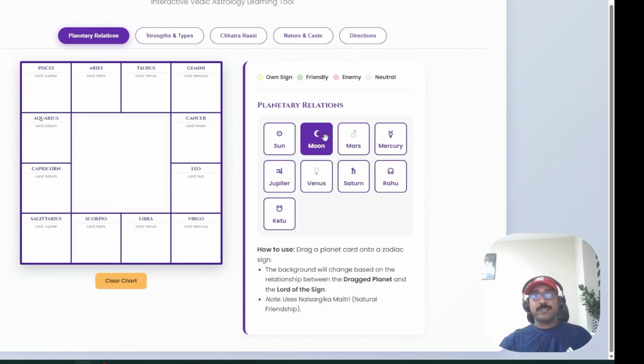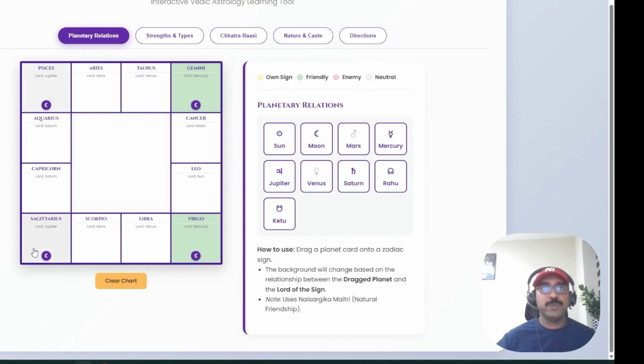Now, let's consider Moon. For Moon, the friends are Jupiter and Mercury. So that means Pisces is a friend, Sagittarius is a friend, and Gemini is a friend. Also, Virgo is a friend, and these 4 out of 12 rashis are considered a favorable placement for the Moon.